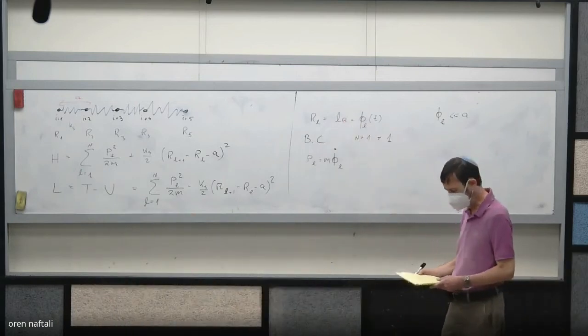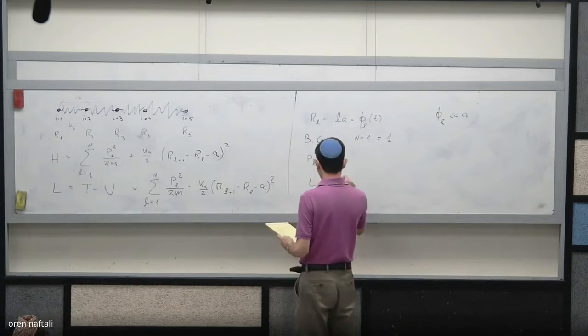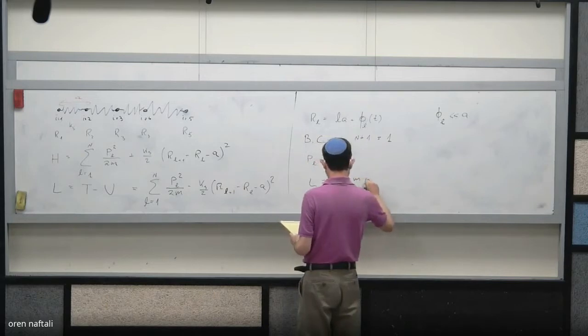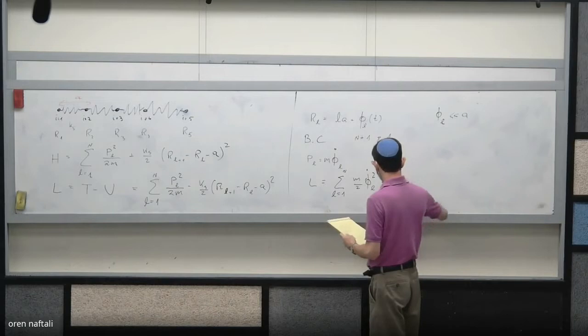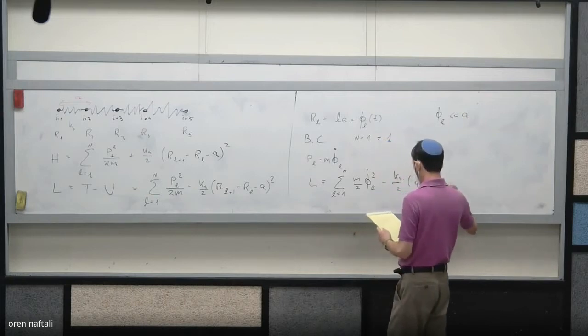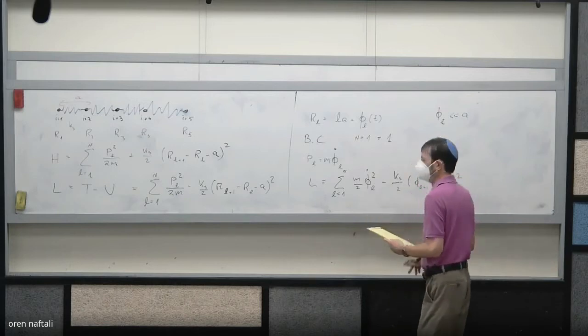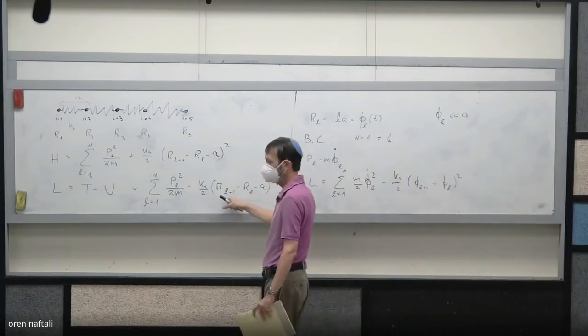Therefore, that's the derivatives, and let's write the Lagrangian, just substituting the values of RL here.